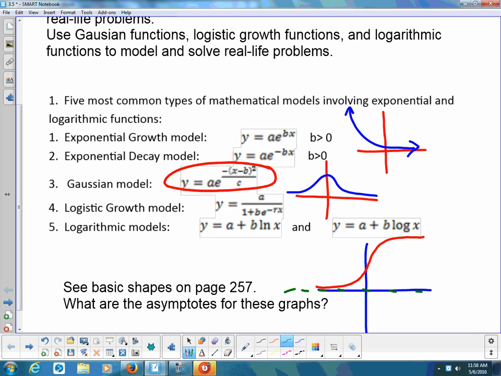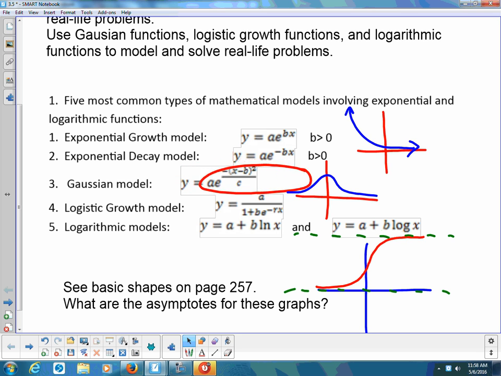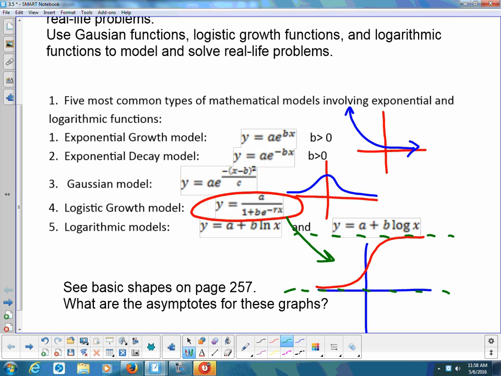So this one actually has two horizontal asymptotes. I'm sorry, I was circling the wrong one earlier. The Gaussian model is the other one. The logistic growth model is this one here. It starts out pretty level, then rises very rapidly, then starts to taper off.